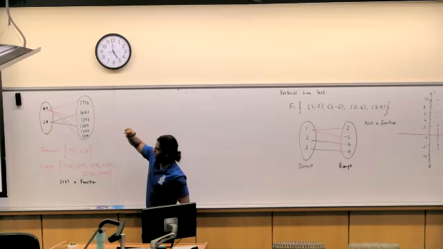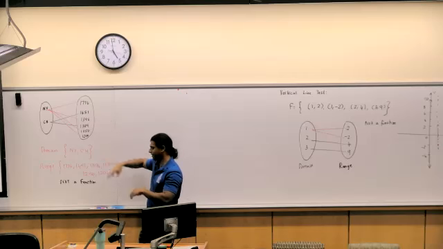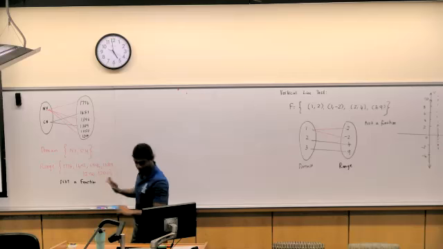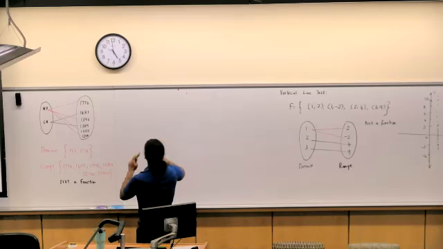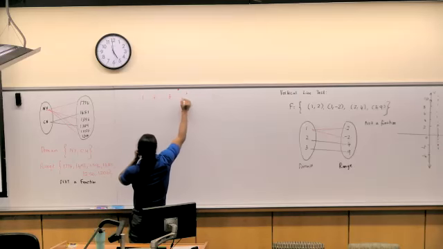So we saw tables for relations, which could be a function or couldn't be a function. Let's take this example, 1, 2, 3, 4, and 5.